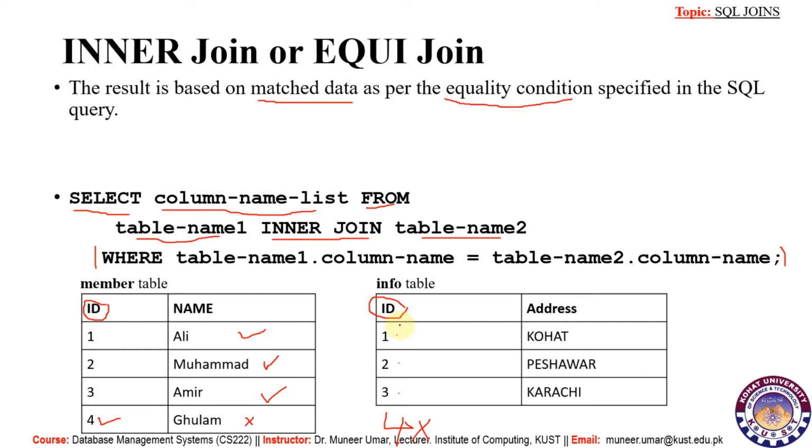We may get a scenario where we will have different names or different data types for the primary key and foreign key in the connected tables. So in the where clause, we must specify the column name in table 1 equal to the column name in table 2.